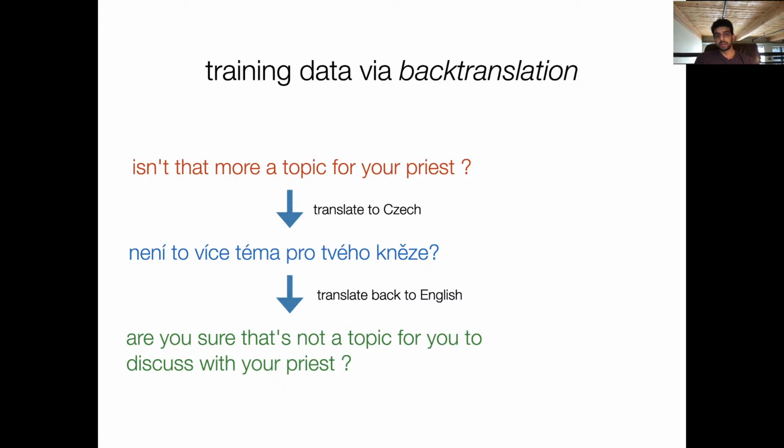So I want to spend at least some time on this process of back translation because it's increasingly important, not just for paraphrase, but also as a general augmentation strategy, and it's used in unsupervised machine translation, which we'll talk about next week. So it's a very useful thing to know, especially these days.